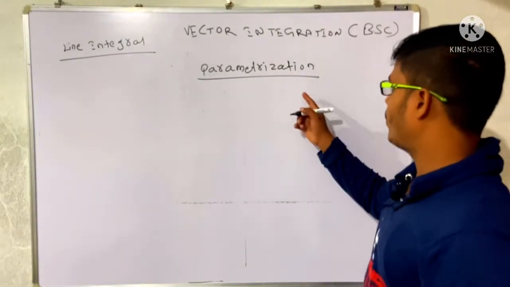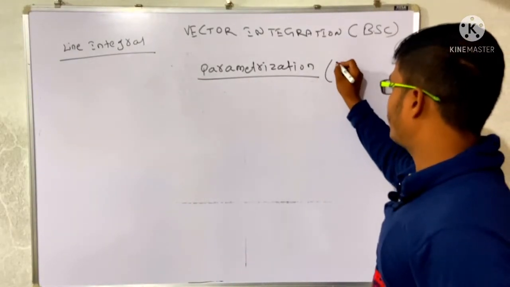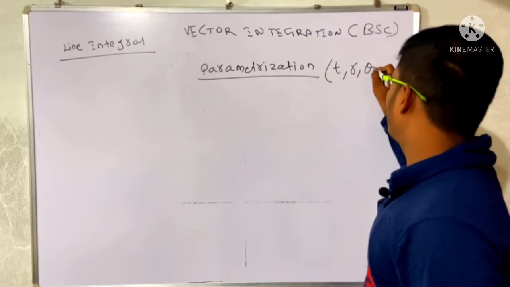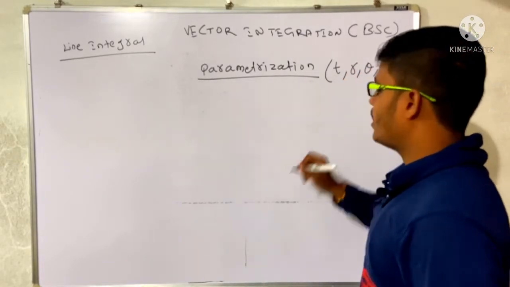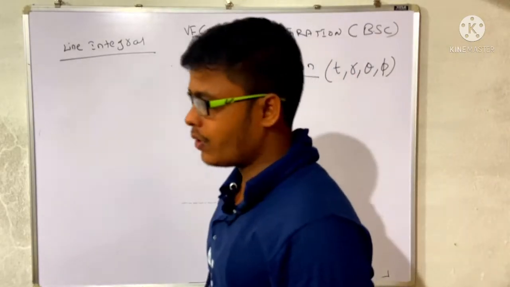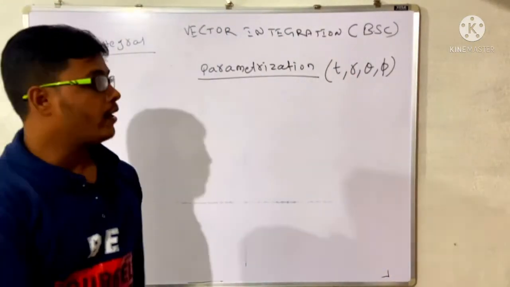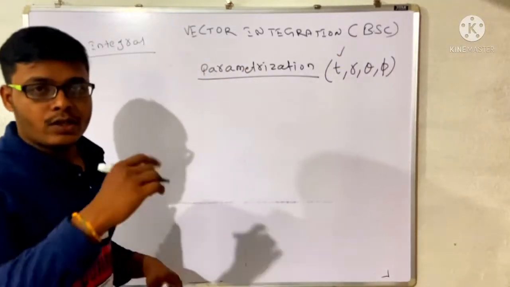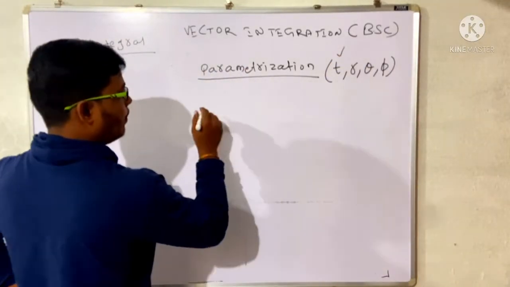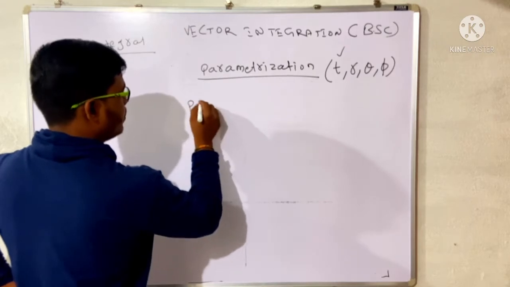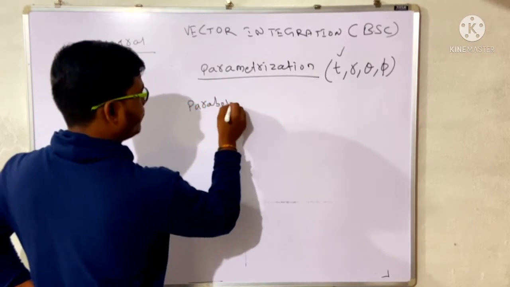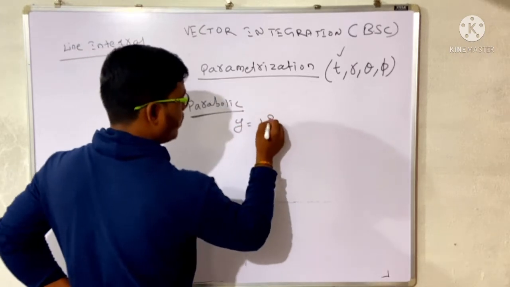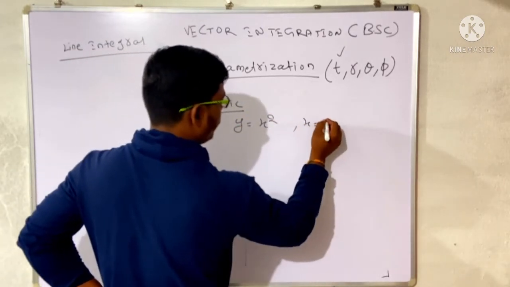Whatever we use in parameterization, we can use t, we can use r, we can use theta, we can use phi. So these are all parameterization symbols that we can use. In the linear path we used t, but next let us go to the parabolic path. If this is the parabolic path, then we know the parabola is y equal to x square or x equal to y square.